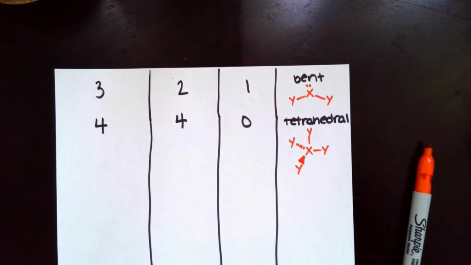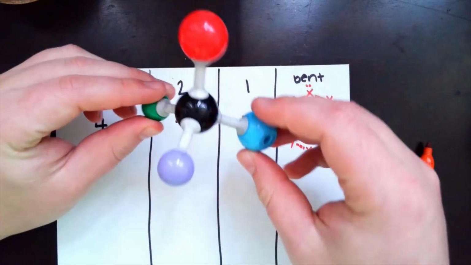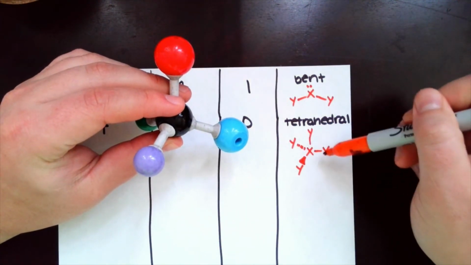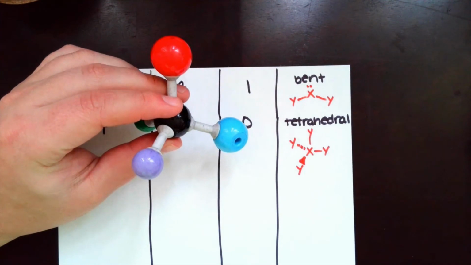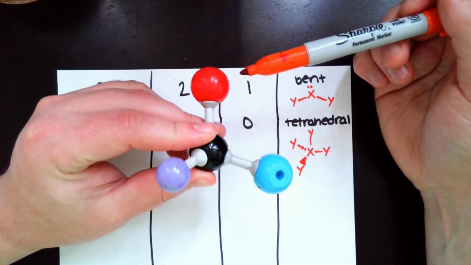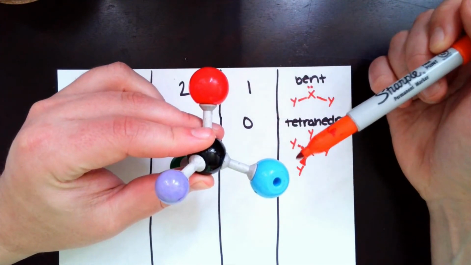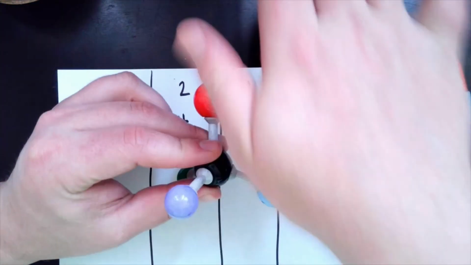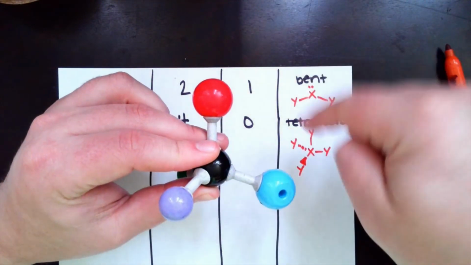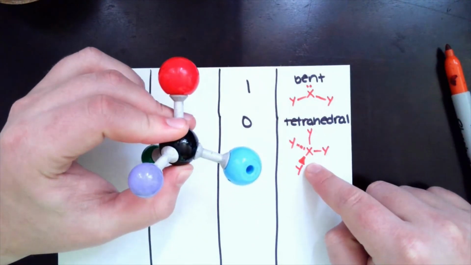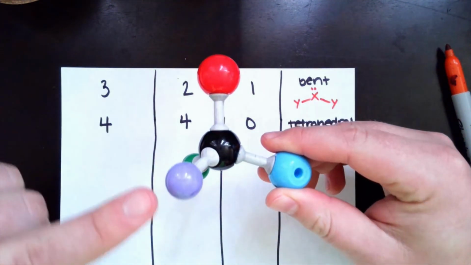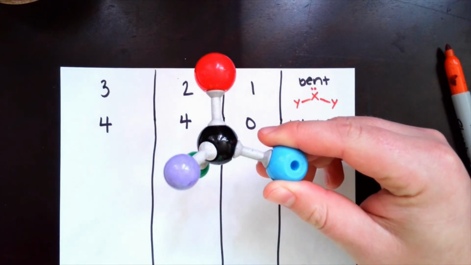So I actually have a 3D model of what tetrahedral looks like. So basically, these 2 normal lines just mean that they're in the plane of the page. So here, look at the red one and the blue one, those are basically perfectly parallel with the plane of the viewer. So those would be those 2 lines. This wedge means that it's going that way a little bit, the way that's pointing, but it's also coming out towards you. So you can see this purple is kind of coming out at you.